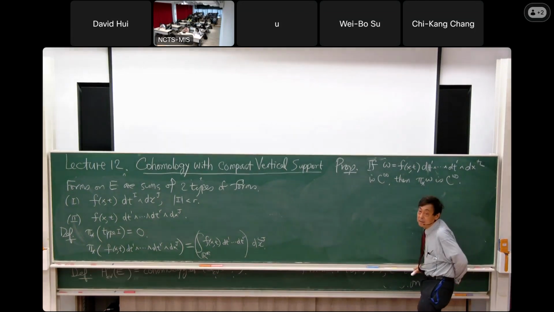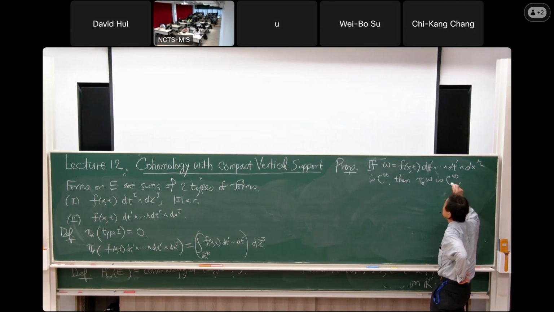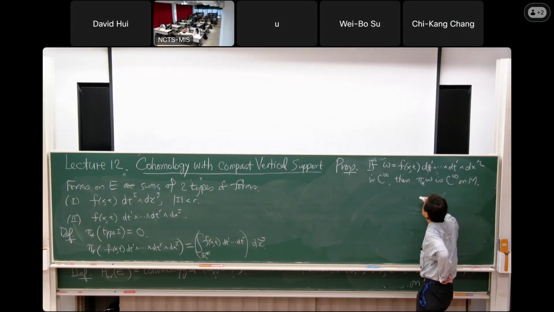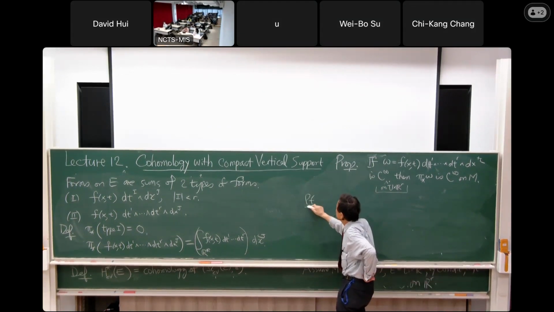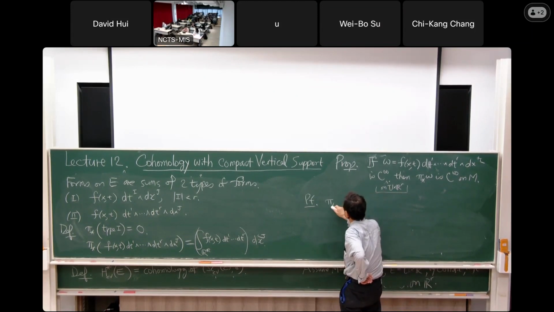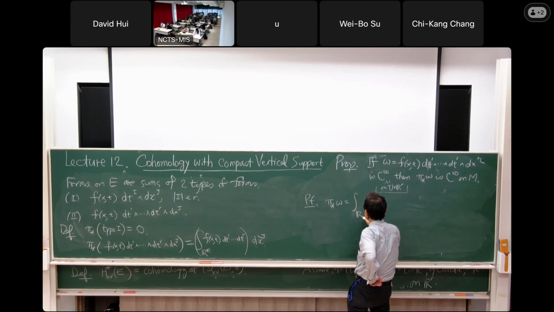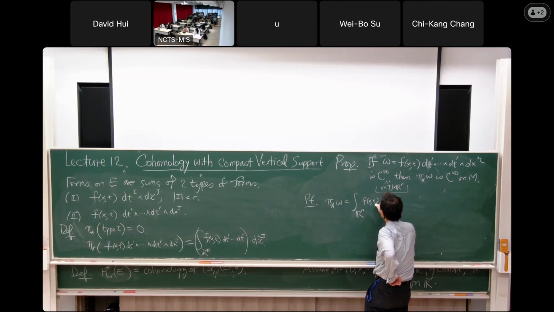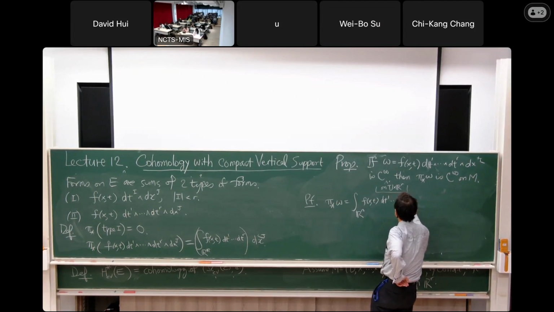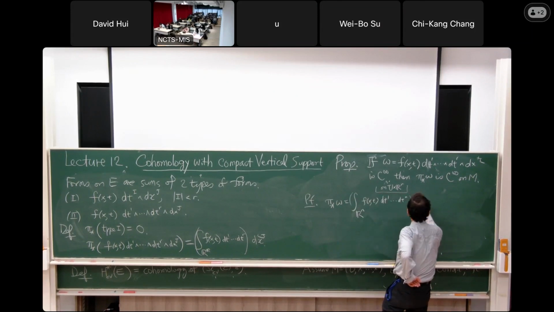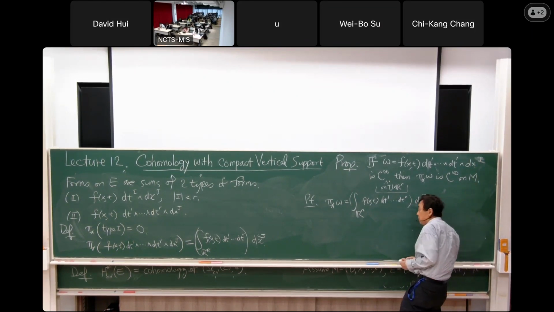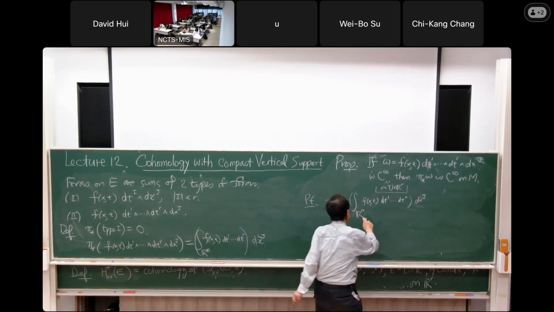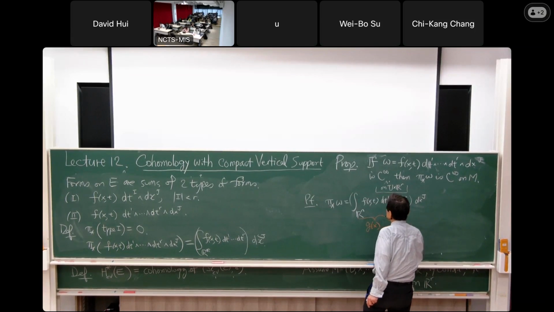So this is C infinity on M, and here is C infinity on U cross R to the R. Pi star of omega is the integral over R to the R of f of xt dt1 to dtr dxj, and let's call this function, which is just a function of x, g of x.